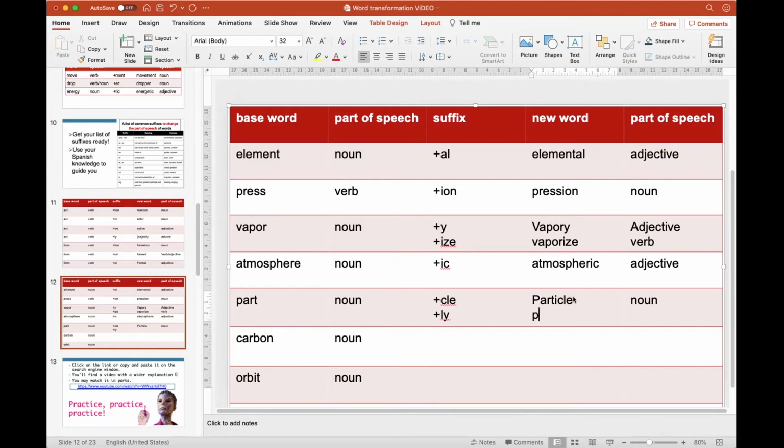And in this case, you have partly. Parcialmente. And in this case, it is a what? Adverb. El 90% de las veces que veamos la terminación ly va a ser adverbio.